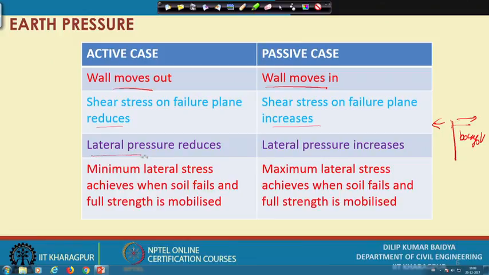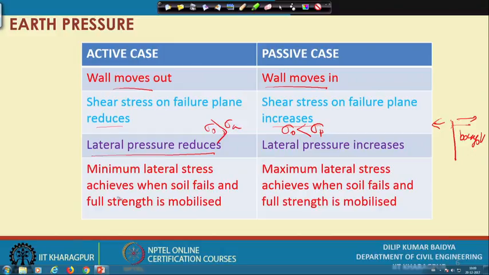Lateral pressure reduces in the active case, that means it was initially sigma naught and then becomes sigma active. So, sigma naught will be greater than sigma active. In the passive case, lateral pressure increases, initially sigma naught and then sigma p, which is greater than sigma naught.